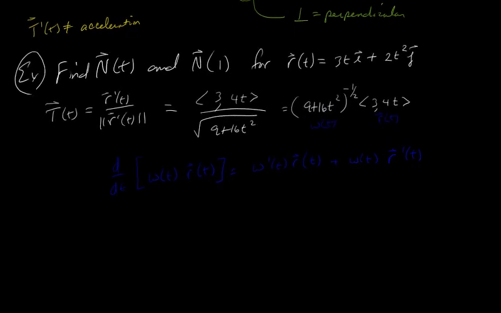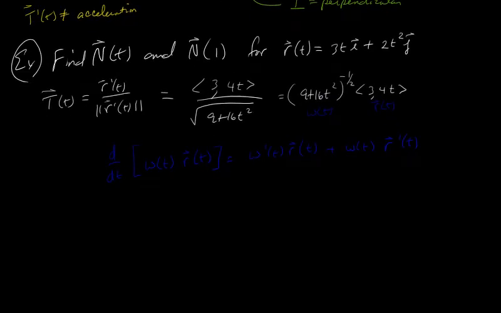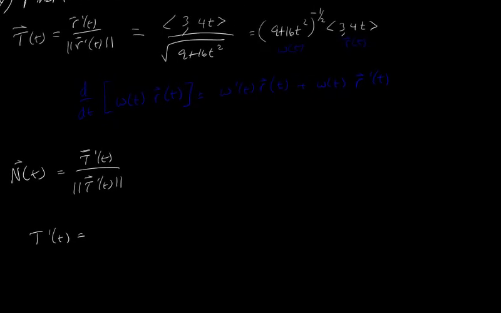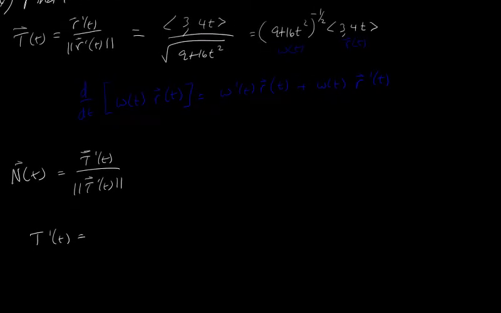Alrighty, so let's see here. If I'm going to find N of t, we know that that's equal to T prime of t divided by the magnitude of T prime of t. So the first thing I'm going to have to do is find T prime of t. Okay, so we're going to do exactly what we have here in the blue above. We're going to take the derivative of the regular function.